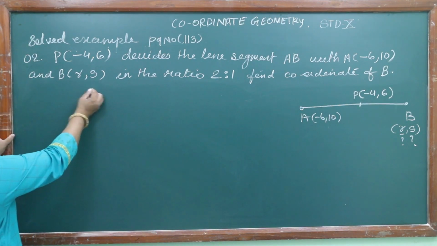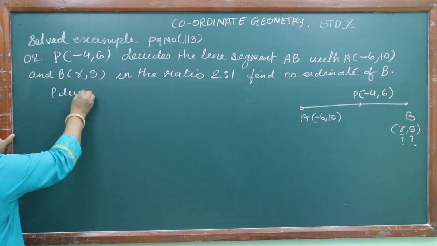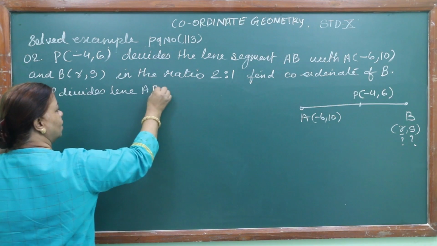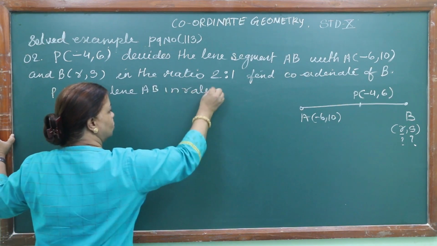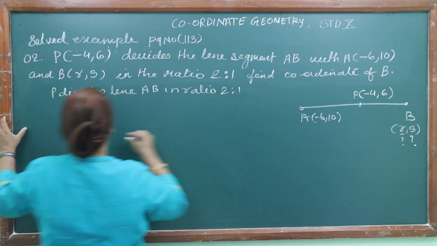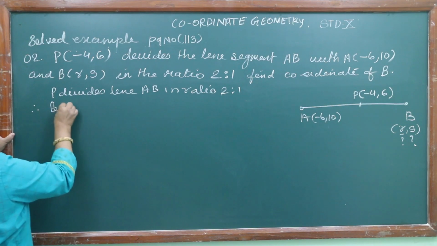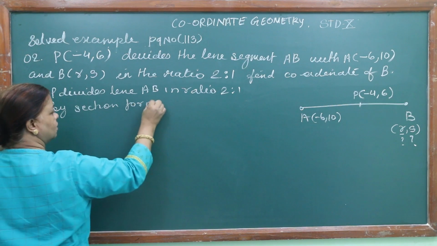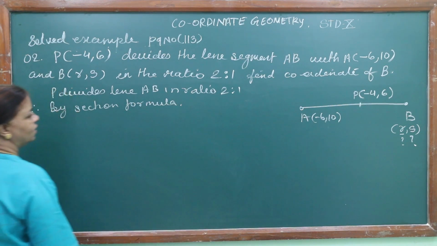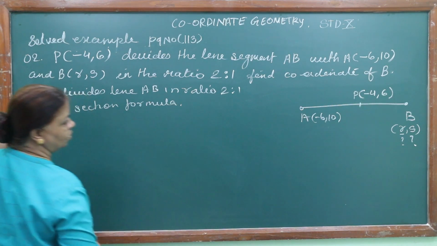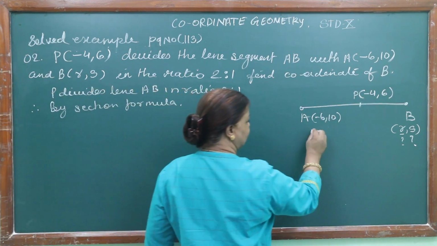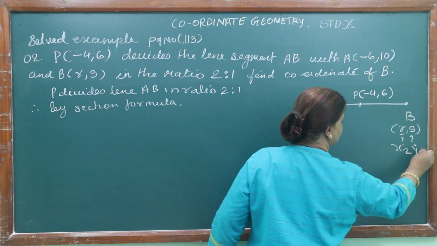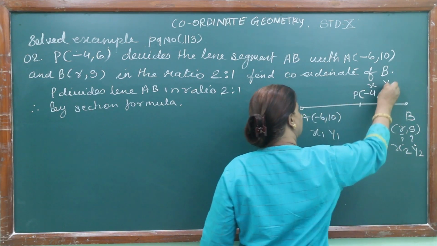So we can say P divides line AB in ratio 2:1, therefore by section formula, let me write this as x1 and this is y1, this is x2 and this is y2, and this is x and this is y.